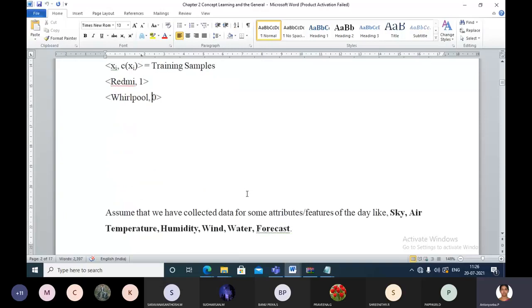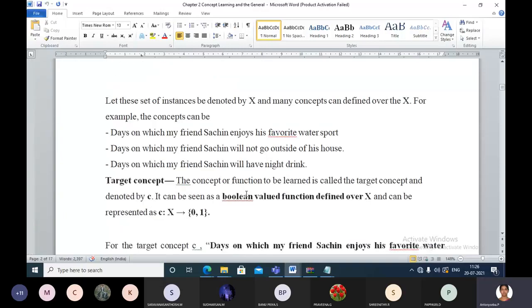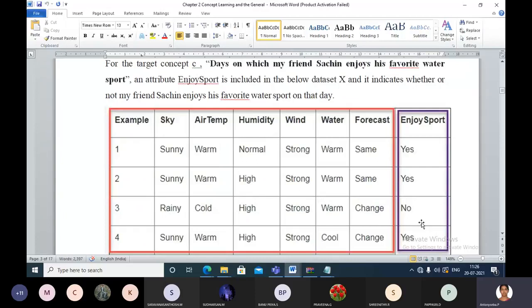Okay, right. So this is the sample data, and from sky to forecast are the independent variables, and enjoy sport is the dependent variable. And when you look at this dependent variable, you can say that this is the concept of xi. You can have x1, x2, x3, x4. Don't confuse this x1 to x4 with the columns.